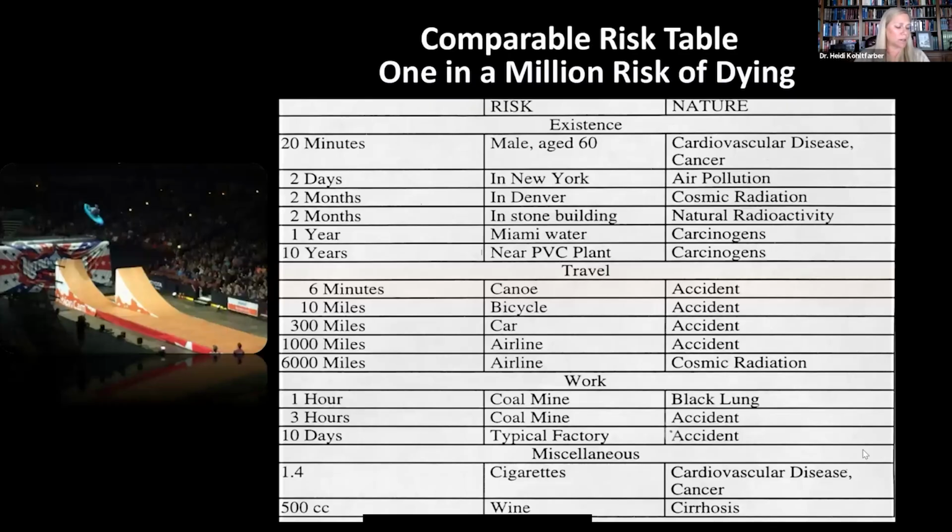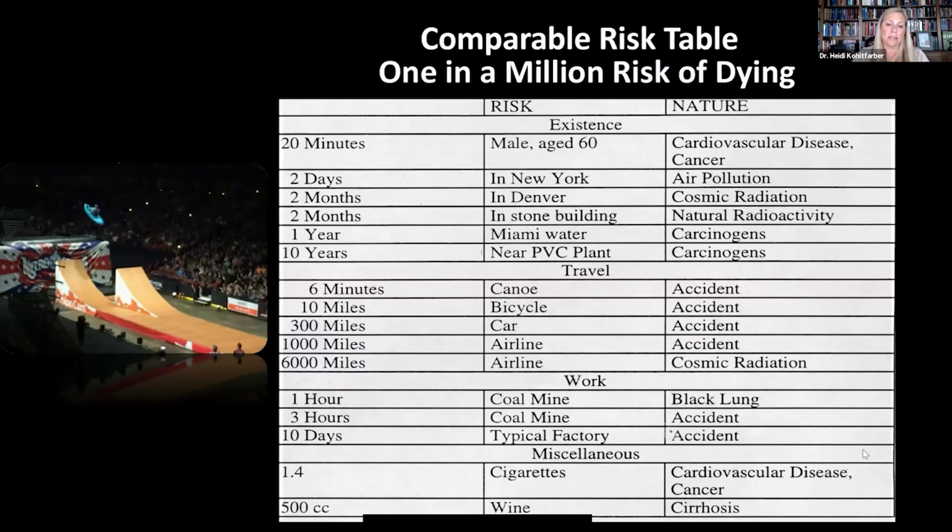Now, of course, we can always compare dose to a 1 in a million risk of dying. There are different things that we can equate that to when we're talking to our patients, because sometimes when we're talking about per capita background radiation and 8.5 microsieverts, the patients don't really understand what that means. So we can compare it to other things that have a similar risk of dying.